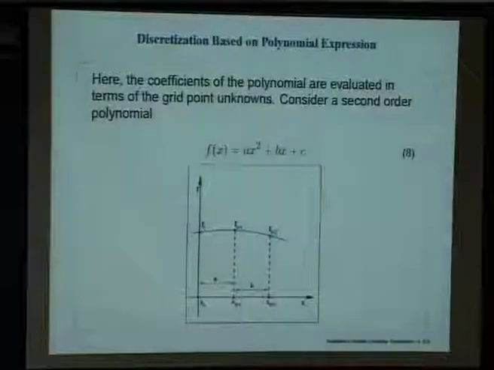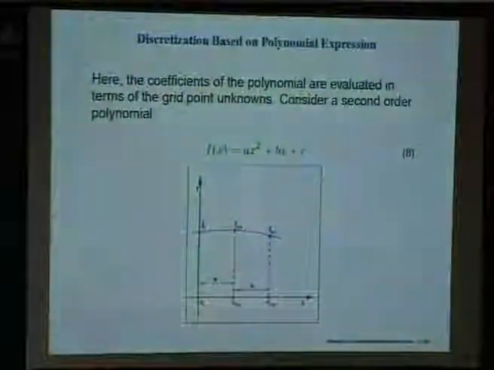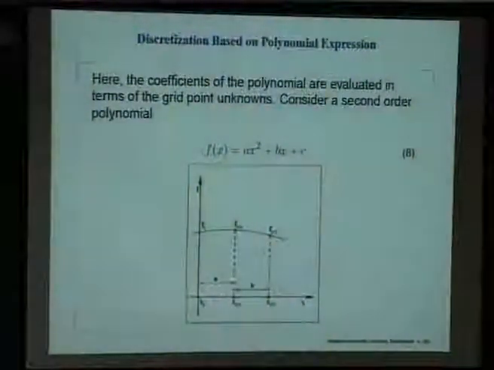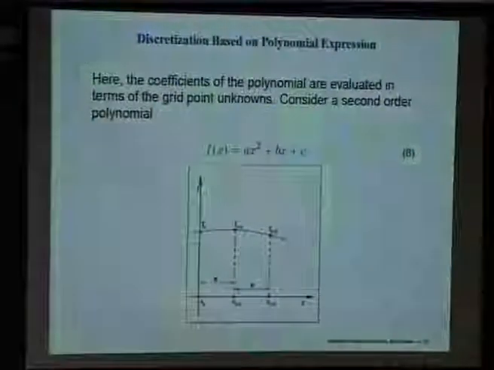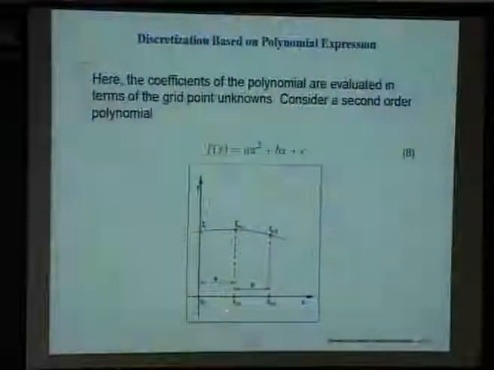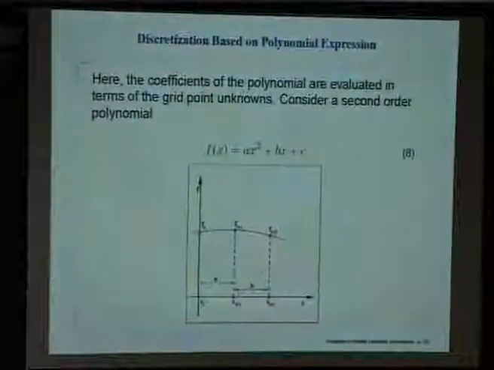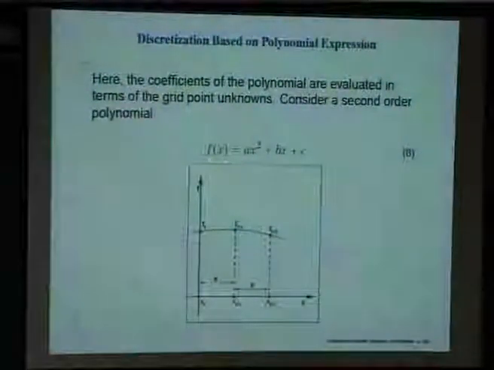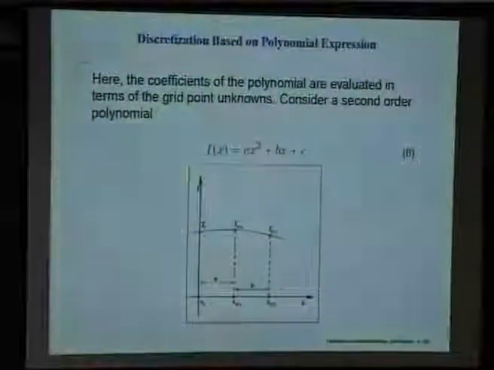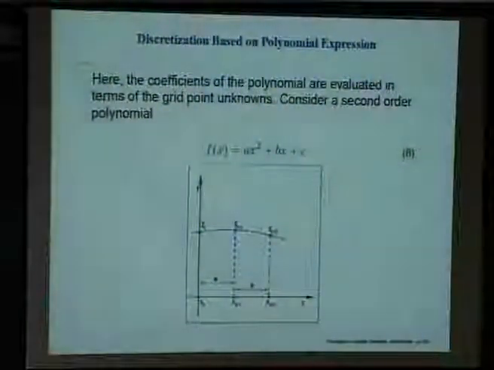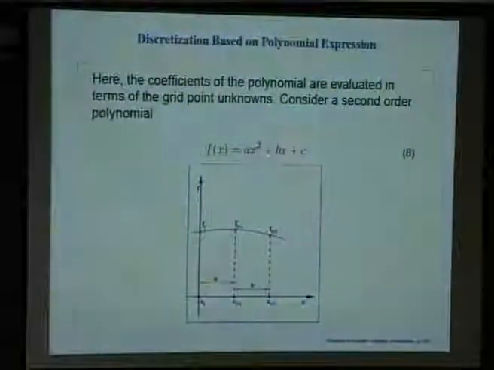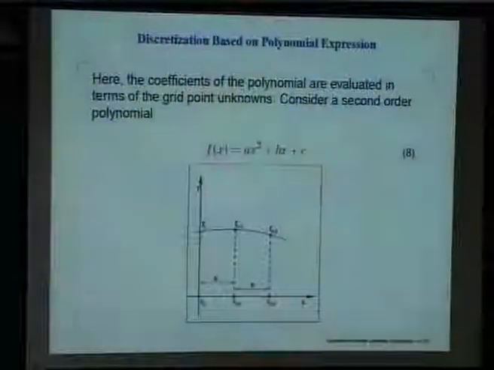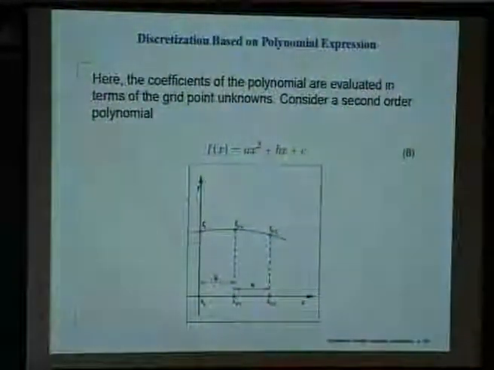And if we do that, we can shift the origin to xi. So, if these points are spaced at a distance h, xi plus 1 is at h and this is at 2h. So, basically I will successively plug in f of xi corresponding to x equal to 0, f of xi plus 1 corresponding to x equal to h, and f of xi plus 2 corresponding to x equal to 2h.